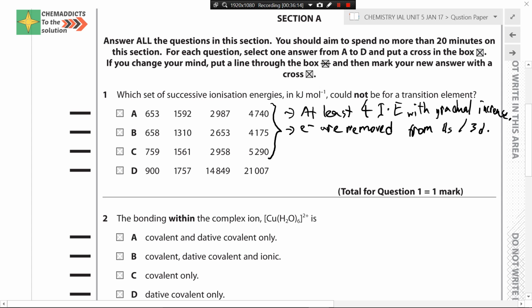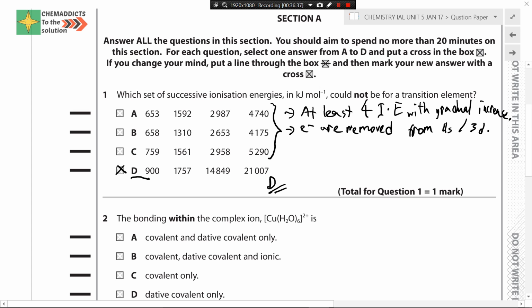Since there is gradual increase, these three are the successive ionization energies in kilojoule per mole for a transition element. But for D, by the way, D should be the answer. Okay, so this should be the answer. D should be the answer.